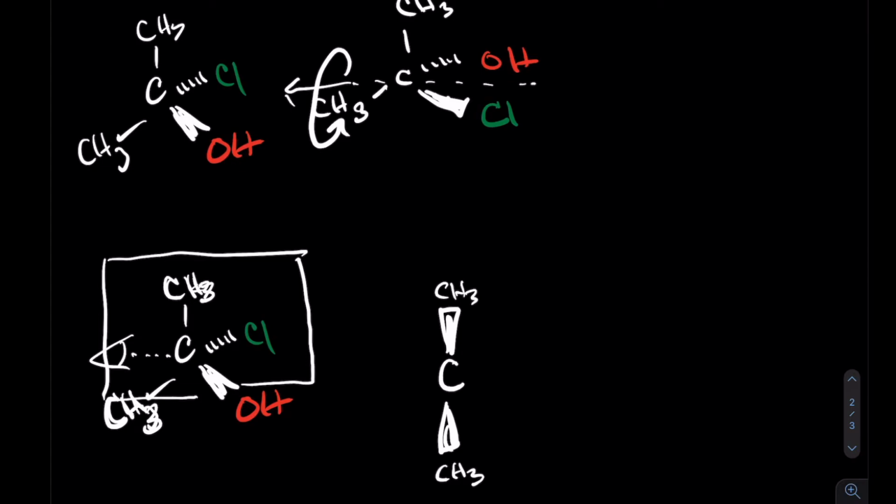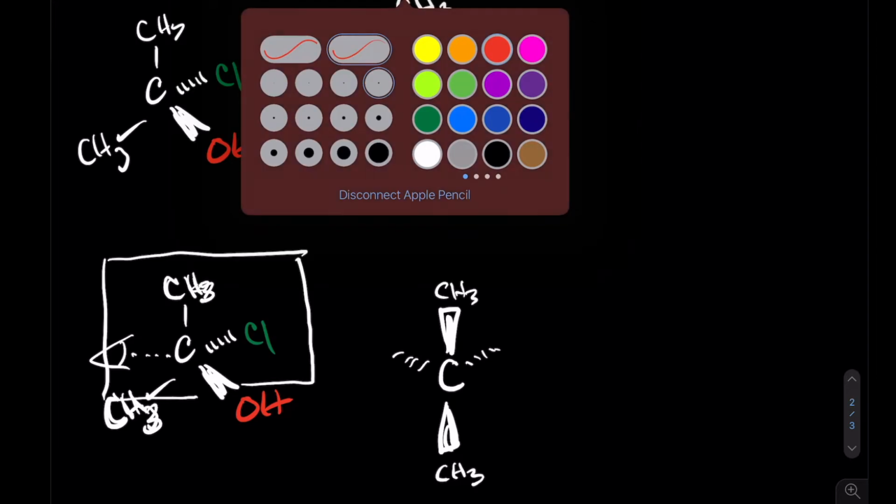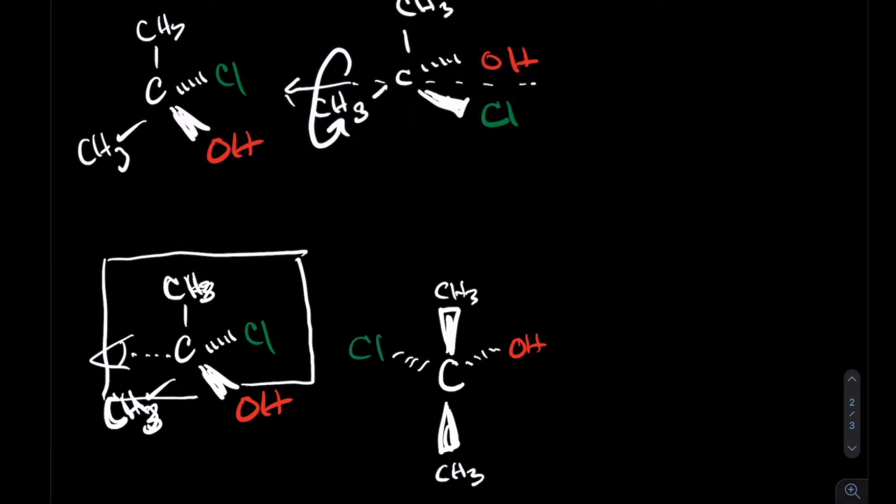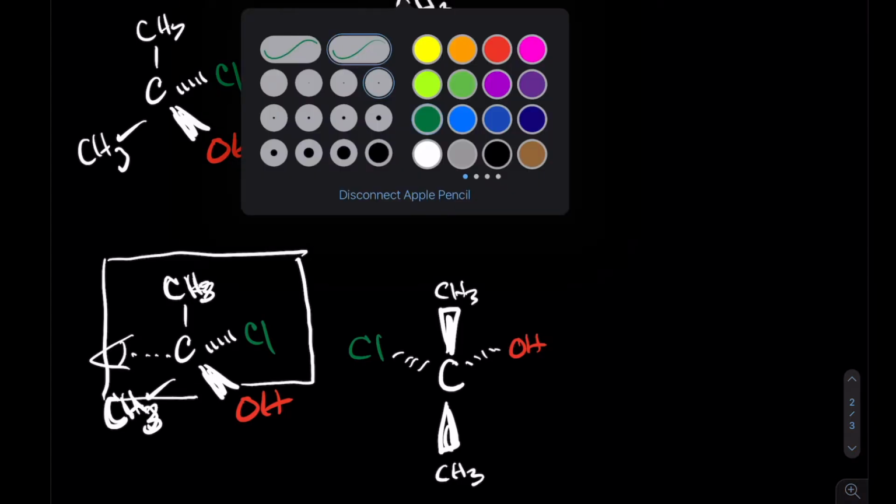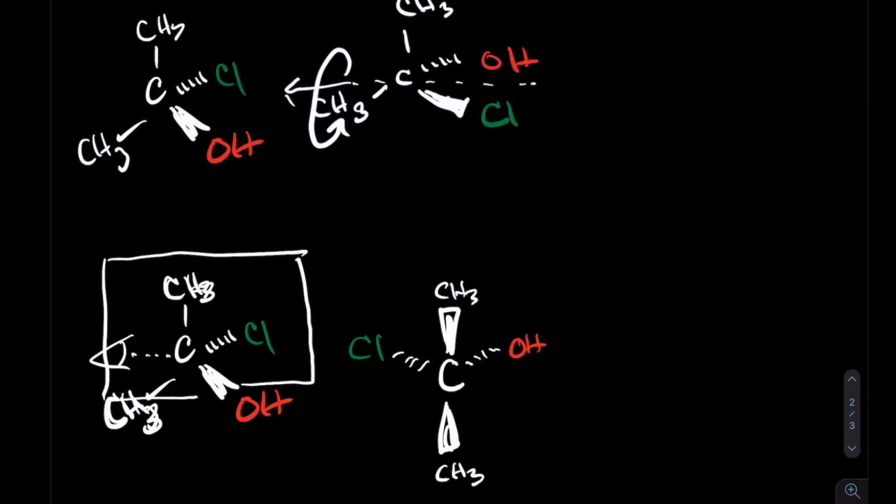And then off to one side and off to the other is your OH and your Cl, all right? If you bisect this, in fact, let's redraw this so it's a little bit more obvious.